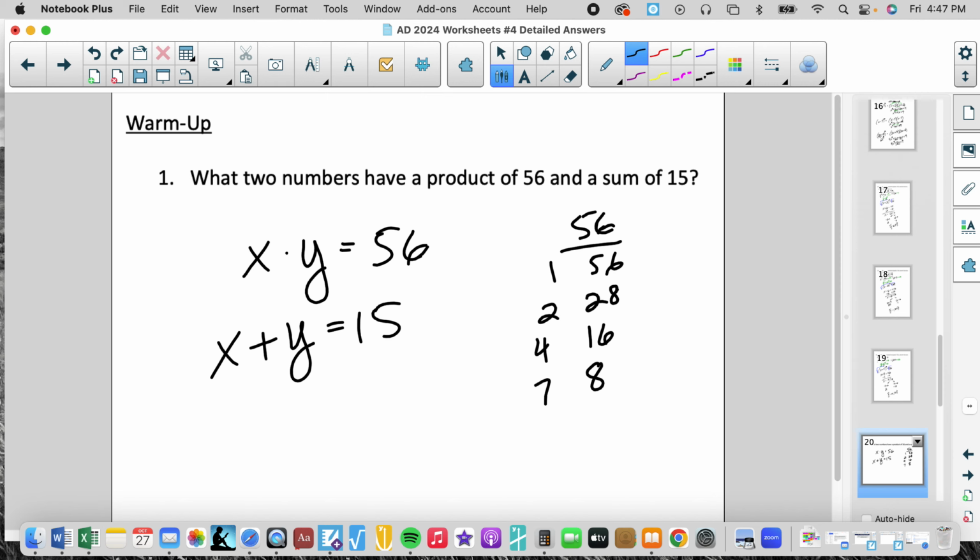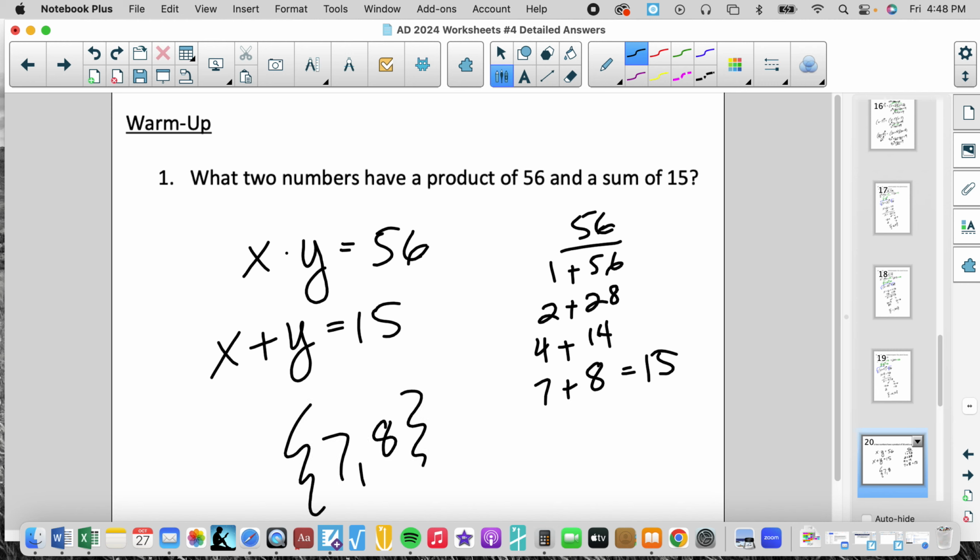I think that's 4 and 14, sorry. And then 7 and 8, that makes sense. Okay, so those are the two factors whose product is 56 and whose sum is 15. So I guess you could do it in that manner.